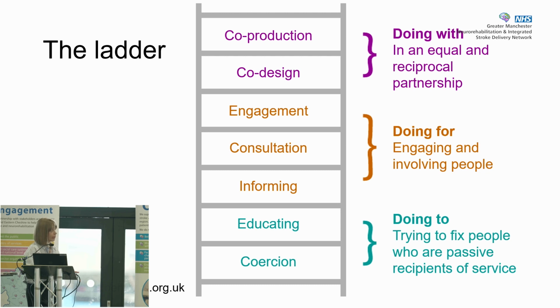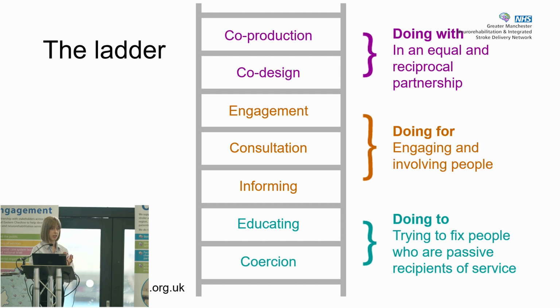But what this ladder means is at the bottom there with educating and coercion, that's about making decisions for people. So that might be, for example, in coercion, I might say to somebody, I've made these service changes, I've made these service developments, just letting you know that I've made them.